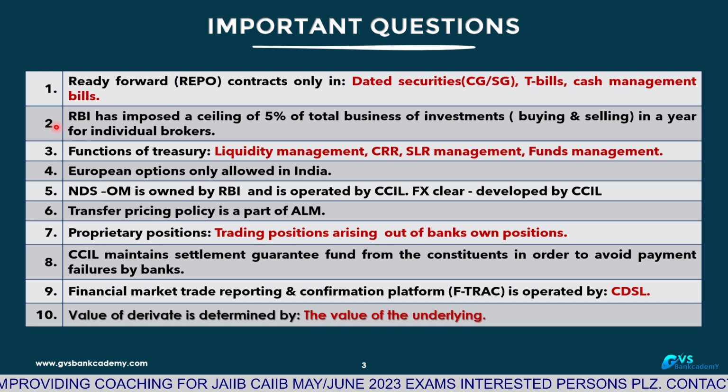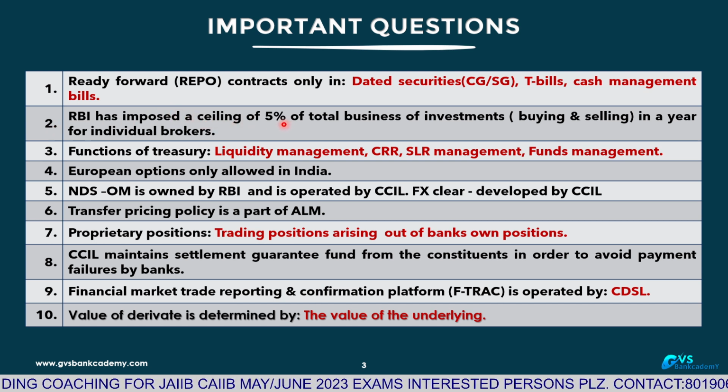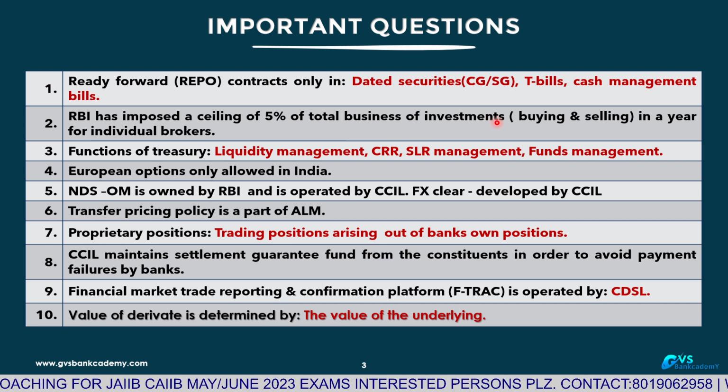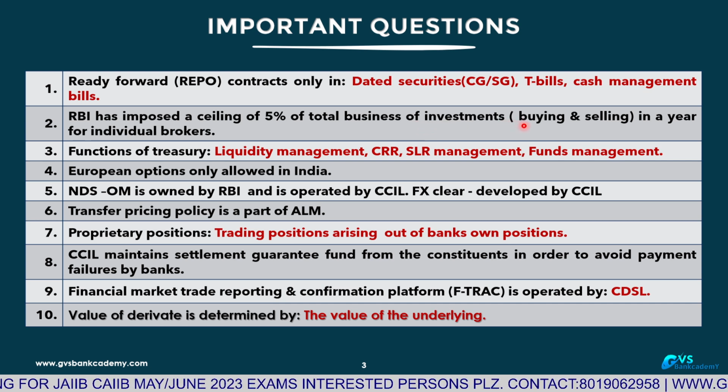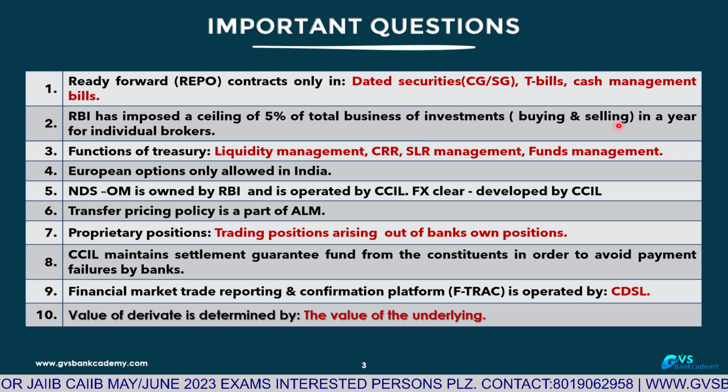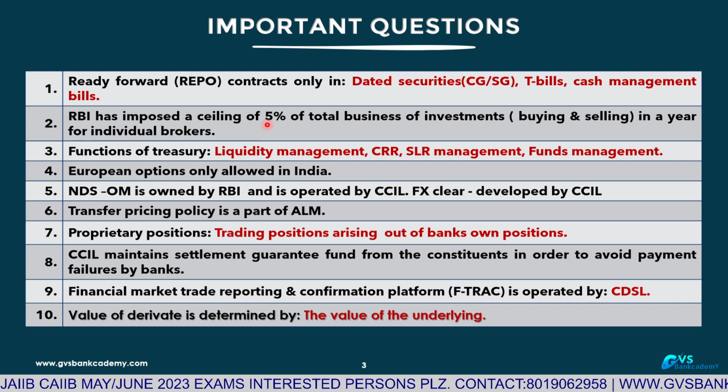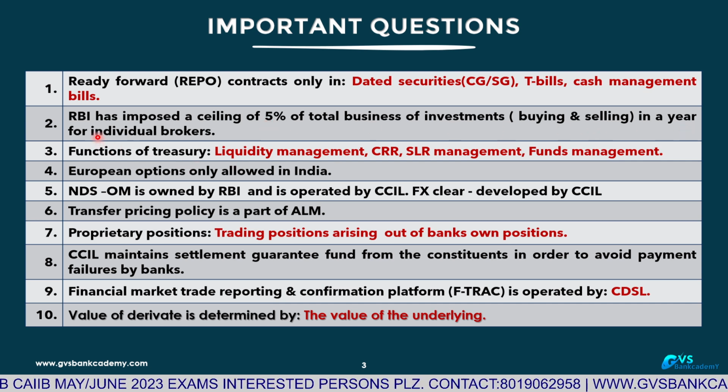Question number 2. RBI has imposed a ceiling of 5% of the total investment business of banks. Total business during the year in investments, buying and selling, should not exceed 5% through a single individual broker.